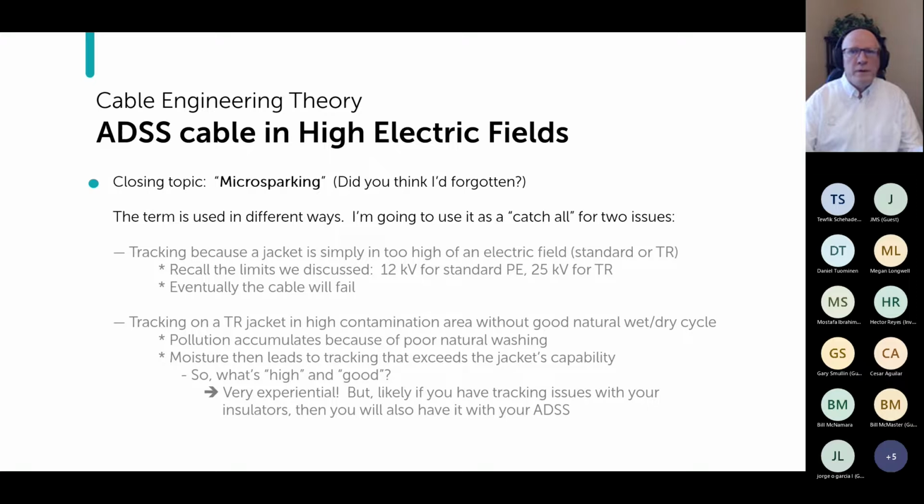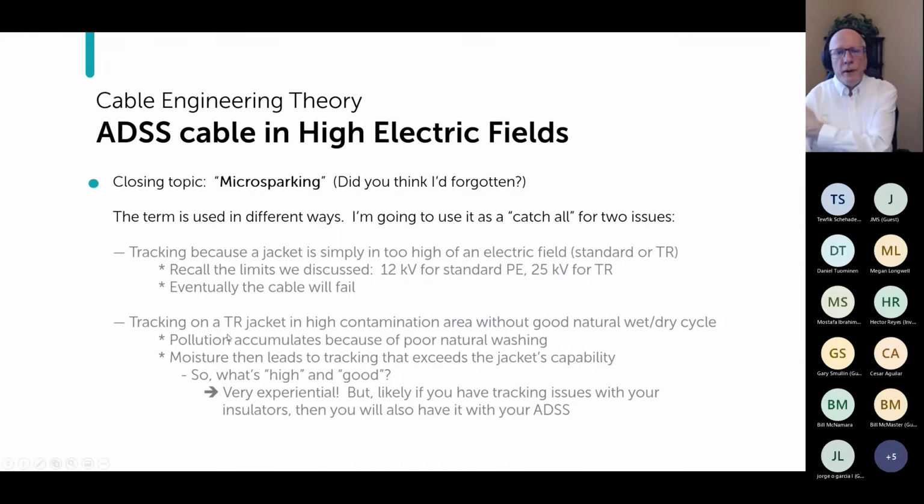A little bit of moisture, not even contamination, and some current is going to flow, and it's going to be degrading the jacket, and the cable is going to fail. But that's simply because you put it in too high of an electric field. So it's technically not dry band arcing because you don't necessarily have the contamination and the drying and all that stuff going on. It's just plain old tracking. The jacket is not able to withstand it.